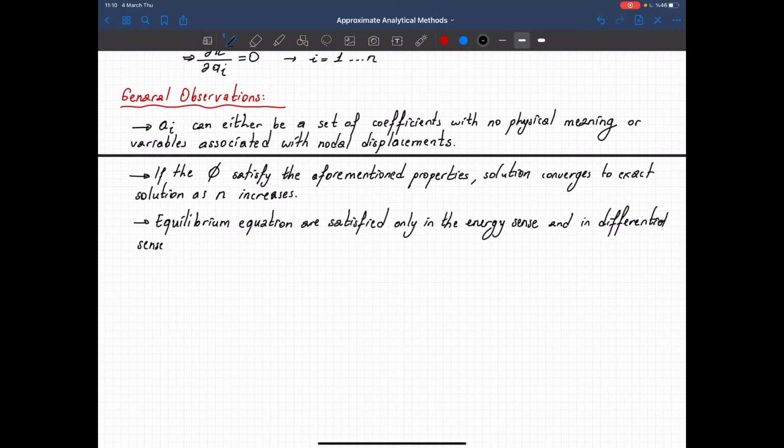Right? We know that we are actually doing a weak form solution. Okay?